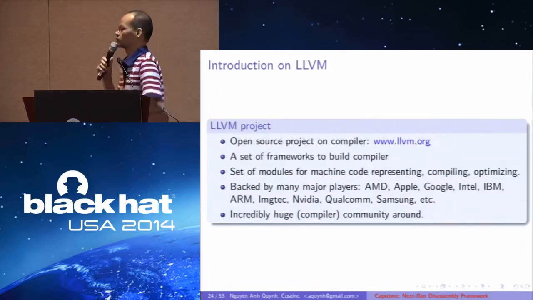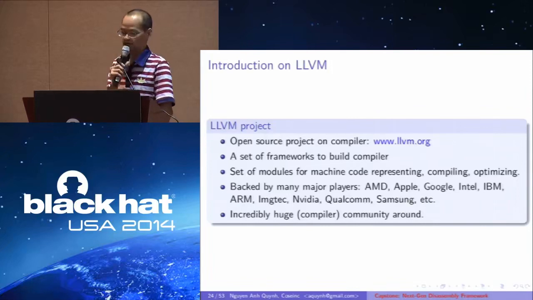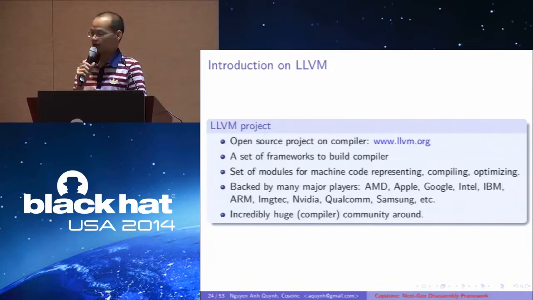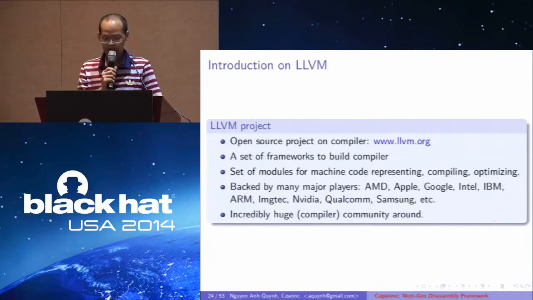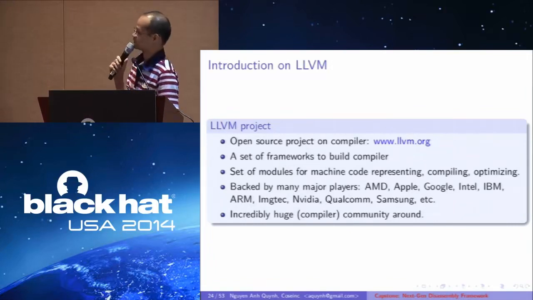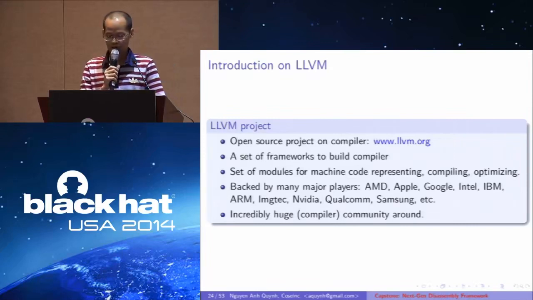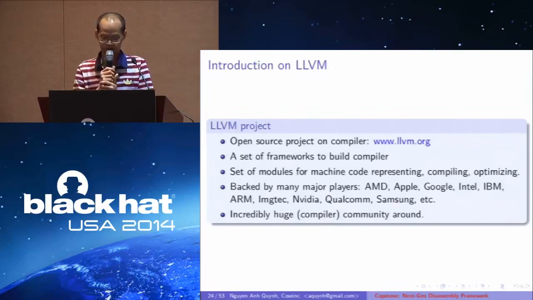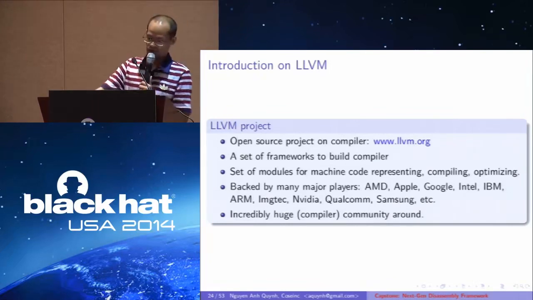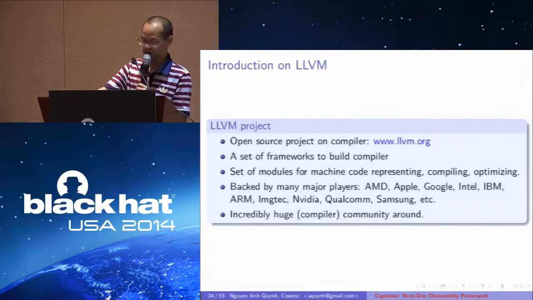So who to stand on? I rely on the project named LLVM, which is an open source project on compilers. You can find the rest at www.llvm.org. LLVM is a set of frameworks for you to build compilers on. And inside LLVM, you can find a set of modules for machine code representing, compiling, optimizing.